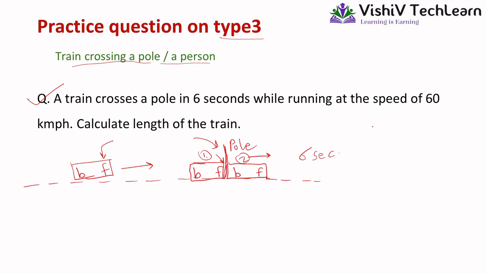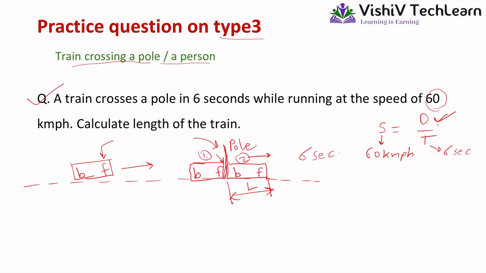Now in our case the formula will remain the same, which is S is equal to D upon T. To cross the pole the train is taking 6 seconds, so T will be 6 seconds. Speed is already given, which is 60 kilometer per hour. Now what about D? So basically D is the distance covered. In 6 seconds, how much distance is covered? From the front position, that is position 1, to position 2, the distance covered is equal to the length of the train.